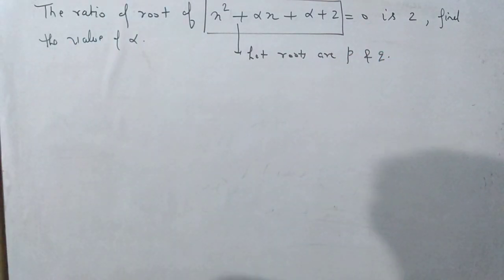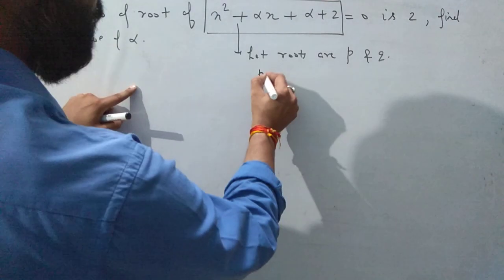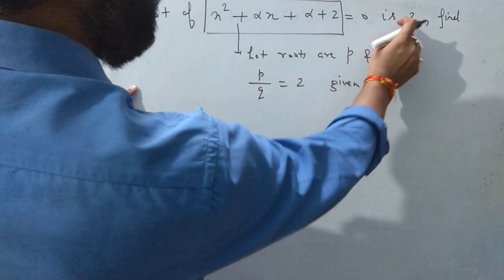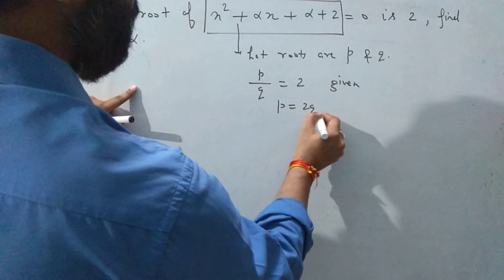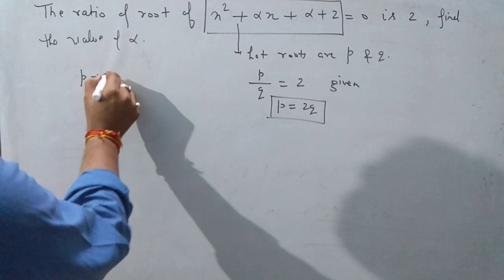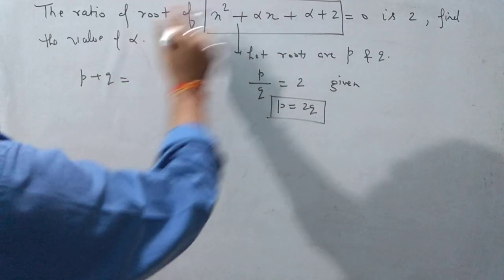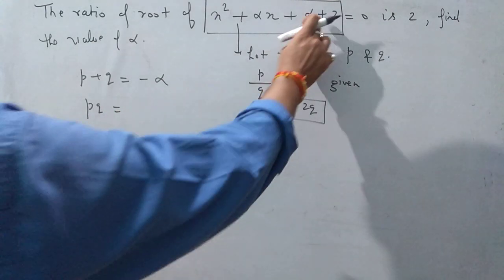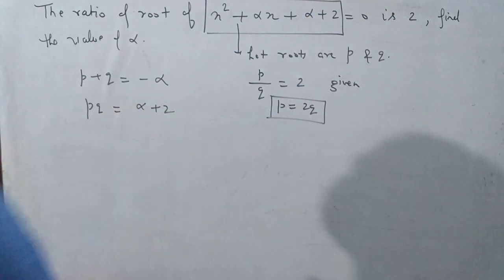Ratio means p upon q is given as 2. That means p is equal to 2q. This is given. Sum of the roots, p plus q, is minus b by a, that is minus alpha. Product of the roots, pq, is c by a, that is alpha plus 2.